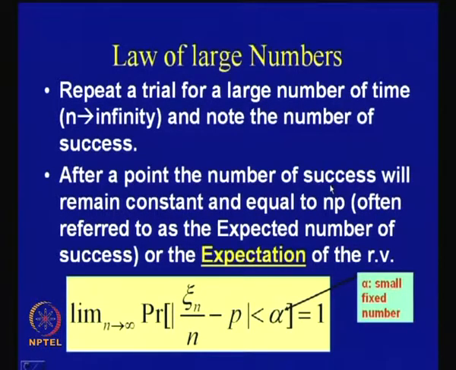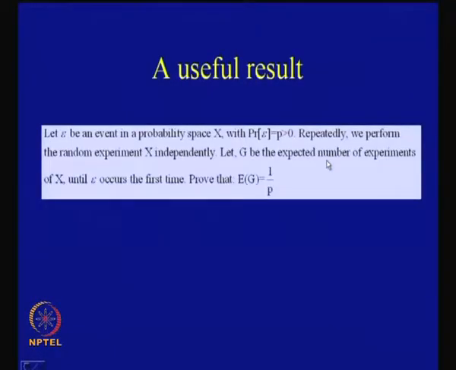Now this law and the concept of the binomial distribution have a very important application in the field of cryptographic analysis. So let us consider this particular result. Let epsilon be an event in a probability space X with probability of epsilon equal to p, where p is greater than 0.